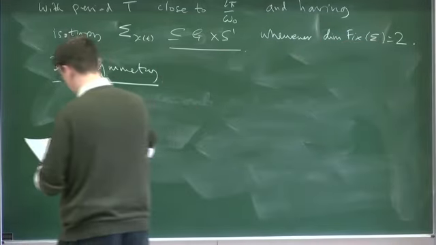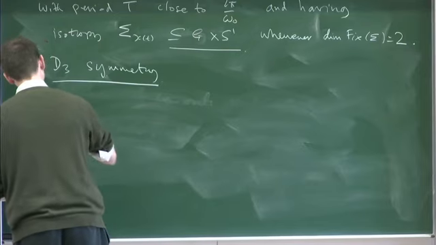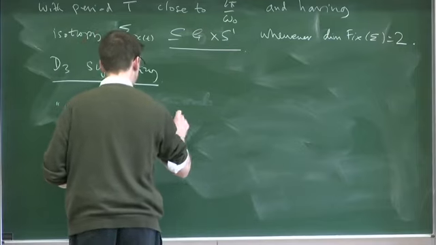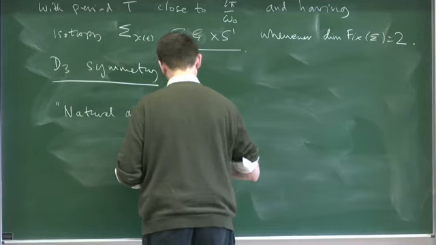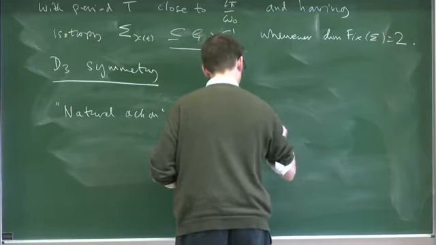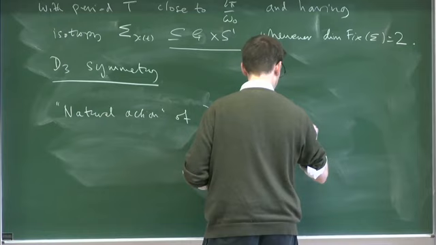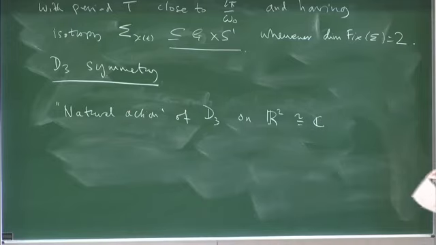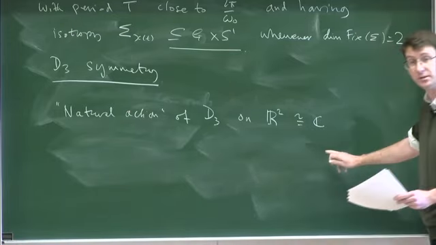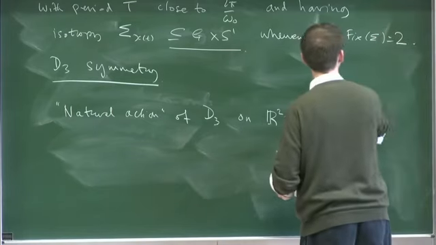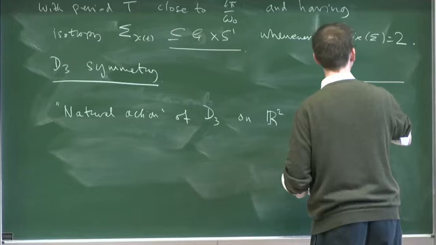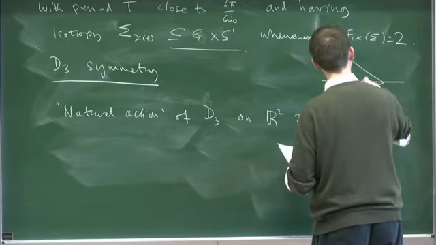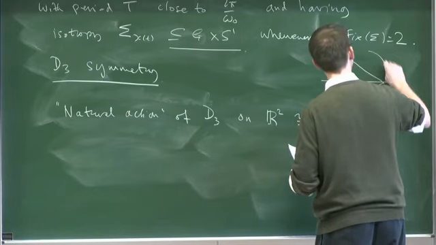We have seen before that there is a natural action of D3 on the plane R2, which we described just through this identification of R2 with complex numbers we had before. So we had a picture something like this, of symmetries of an equilateral triangle.